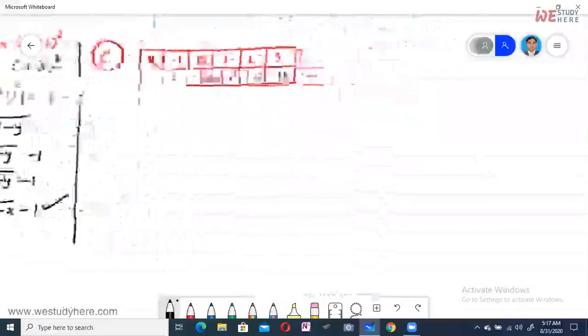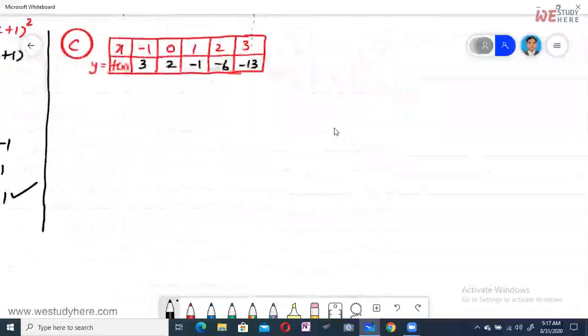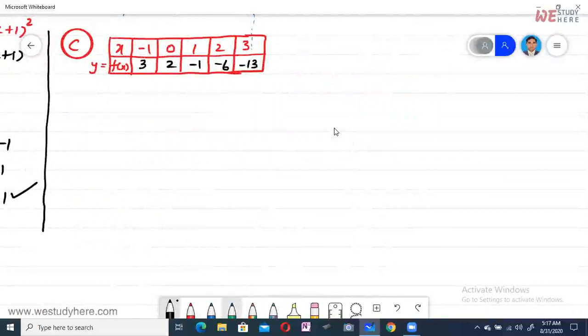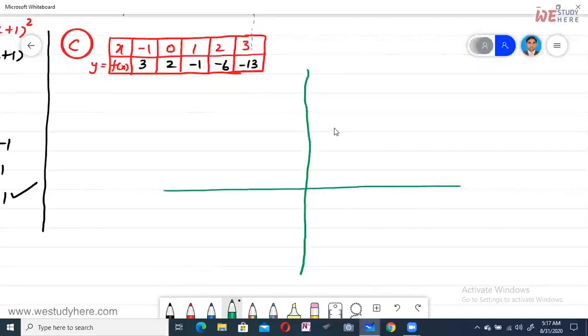Now easily we can draw the graph. This is the y-axis. This is the x-axis, positive x, negative x, upward positive y, downward negative y.